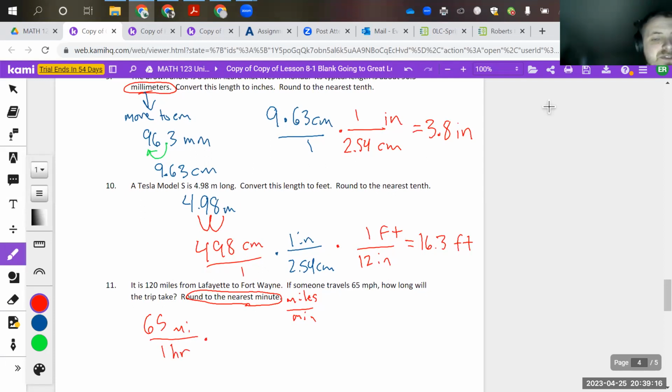So I need to convert that to miles per minute. So I need to take 1 hour and make that 60 minutes. And again, the reason why I put the hour on top is so that the top and bottom would cancel, giving me that 65 over 60 is 1.083. And again, that's miles per 1 minute.